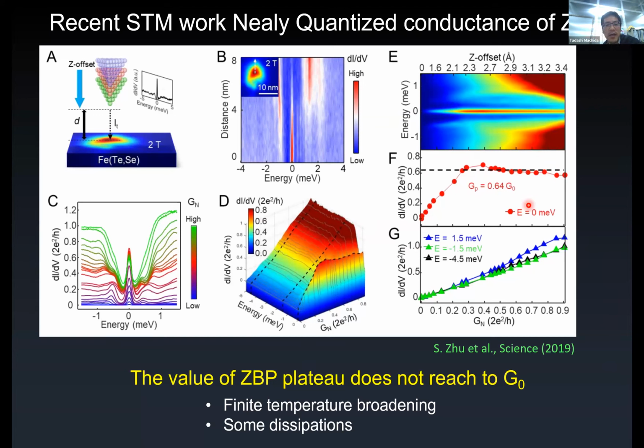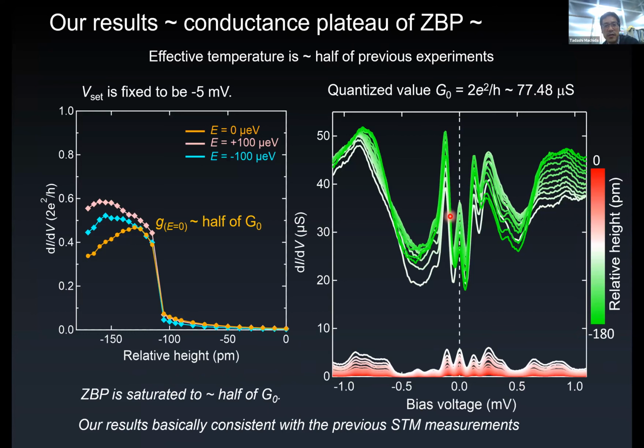To check the reproducibility of this phenomenon, we also performed similar experiments, as shown here. These are the tunneling spectra as a function of the distance between the tip and sample, taken at one of the vortex cores showing the zero energy peak.